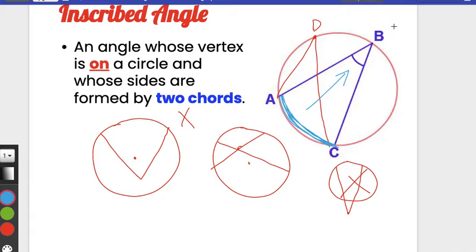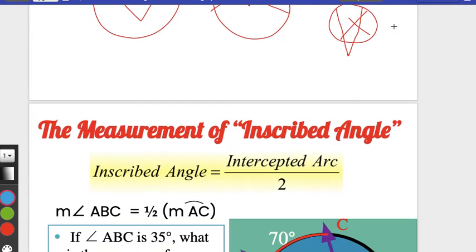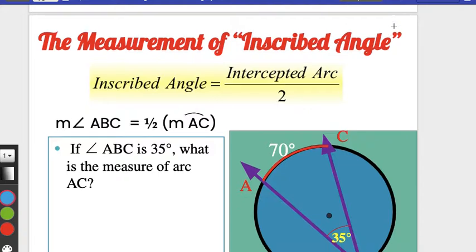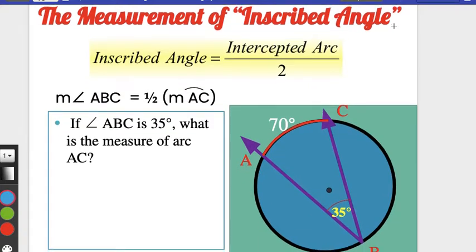Actually, they do have a relation, but it is different from the central angle. The inscribed angle is half of the intercepted arc. What does that mean? Since these are two chords, the two endpoints include a piece of arc we call the intercepted arc. Whatever its measurement is, the inscribed angle is going to be half of this.